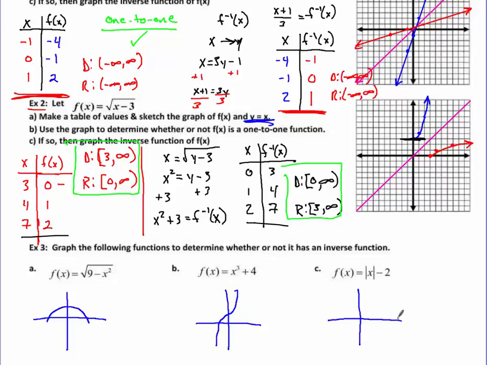And when you graph this one, it looks like this. So real quickly, we want to know, do these functions have an inverse? Well, the test is a horizontal line test. So no, yes, no. And that's it for inverse functions for today.